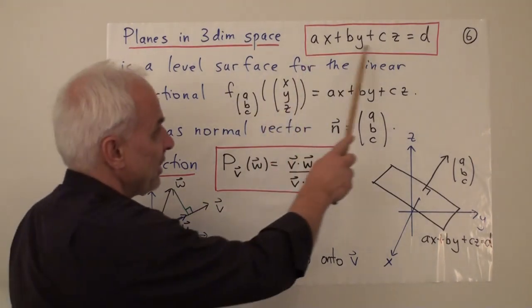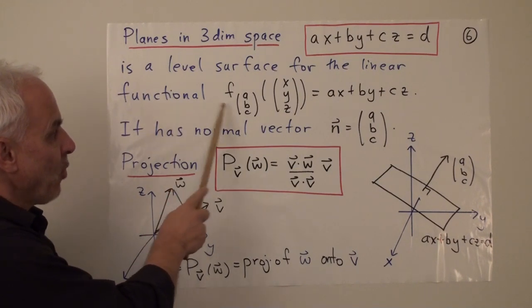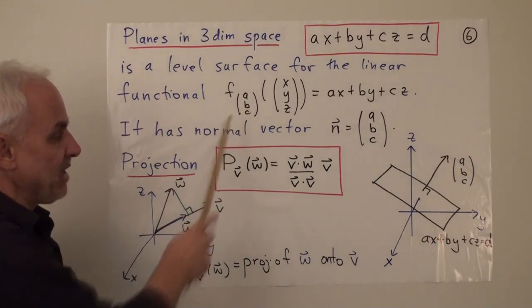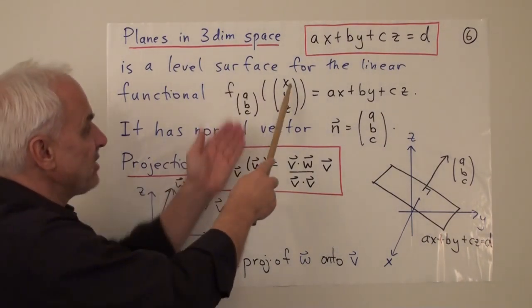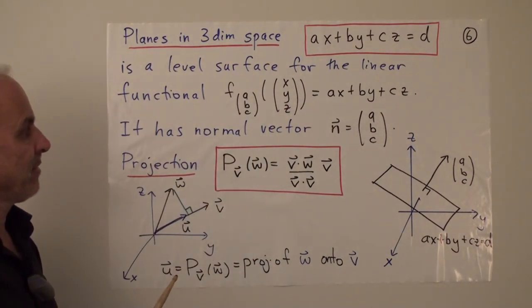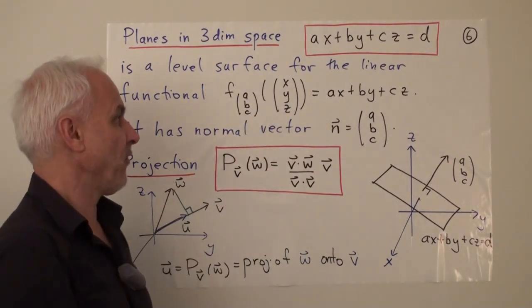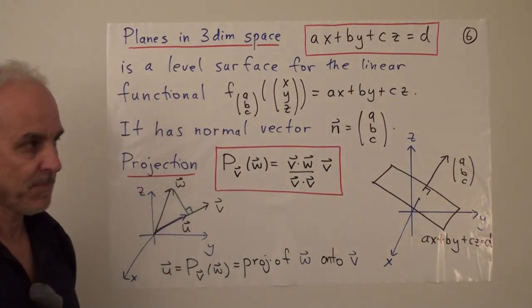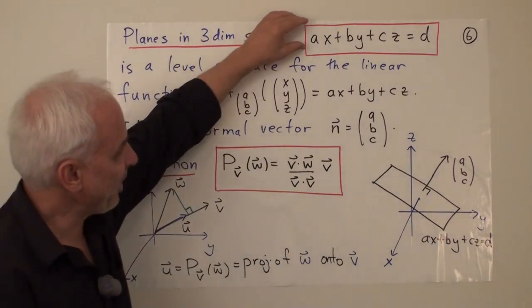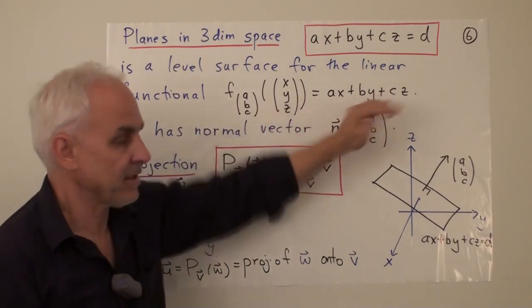This is then a level surface for this linear functional which has vector (a, b, c) as the normal. So it's f of (a, b, c) applied to (x, y, z). And I remind you this functional is just taking the dot product of those vectors, giving us ax plus by plus cz. What we're saying is that this plane is defined as a level surface for this linear functional.